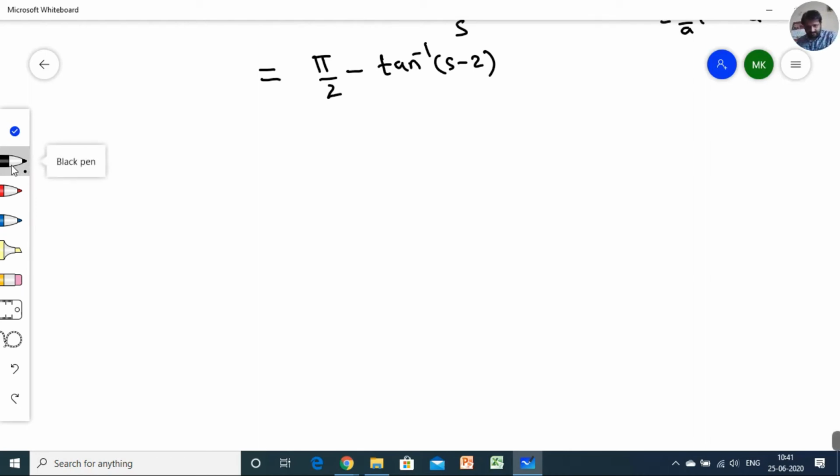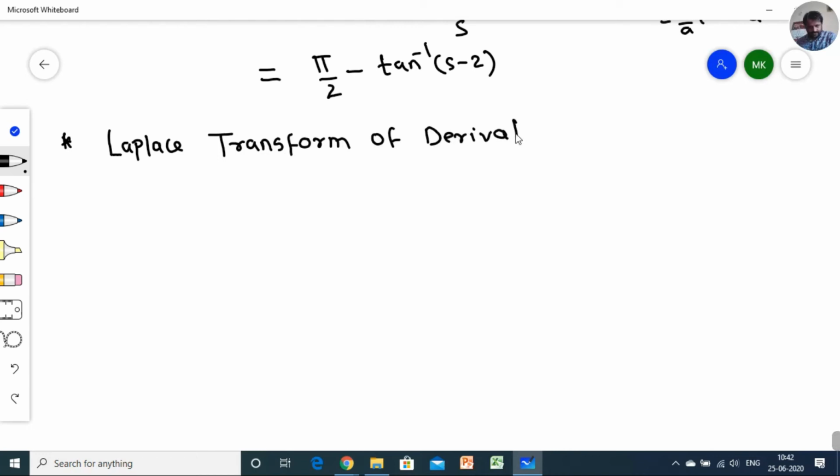Now the next I'm going to start is Laplace transform of derivative. सबसे छोटा टॉपिक है लाप्लास ट्रांसफॉर्म ऑफ डेरिवेटिव.